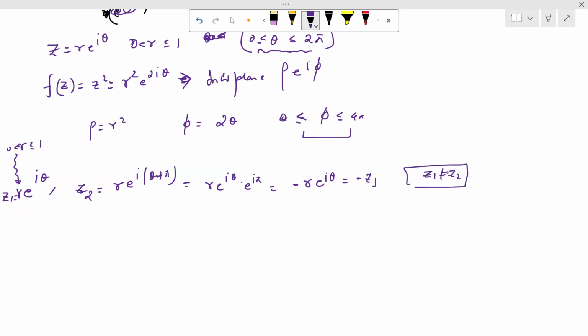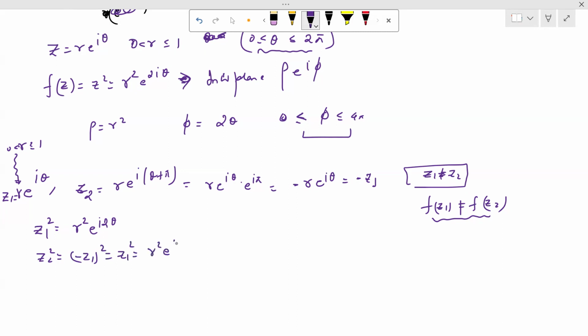Now if z1 is not equal to z2, then the mapping is univalent only if f(z1) does not equal f(z2). What would be z1²? z1² would be r² e^(2iθ), right? And what would be z2²? z2 is minus z1, so it will be (−z1)², which is simply z1², which is r² e^(2iθ).